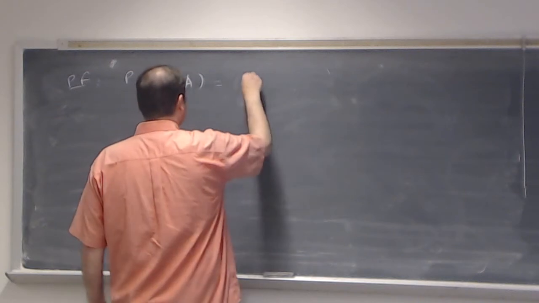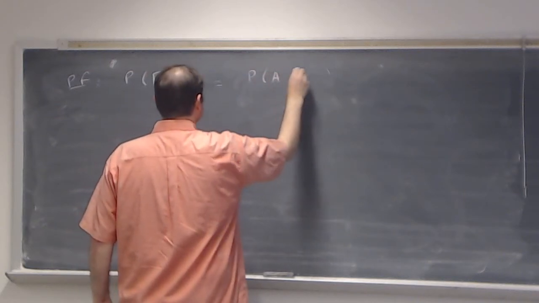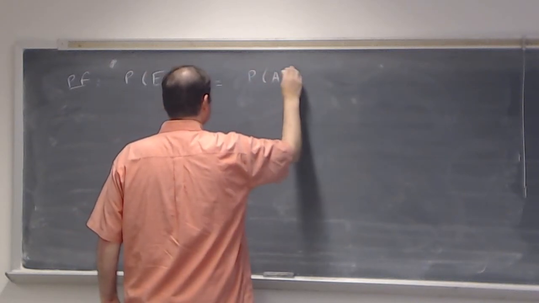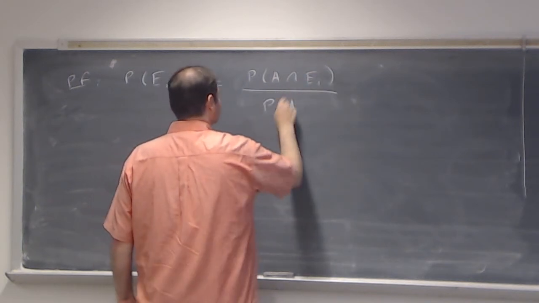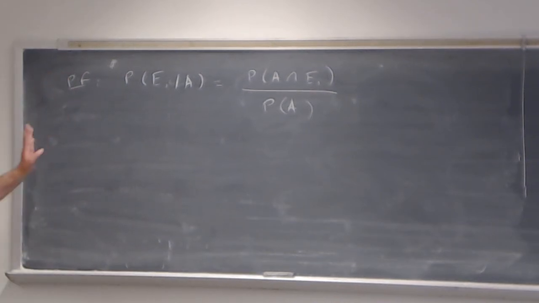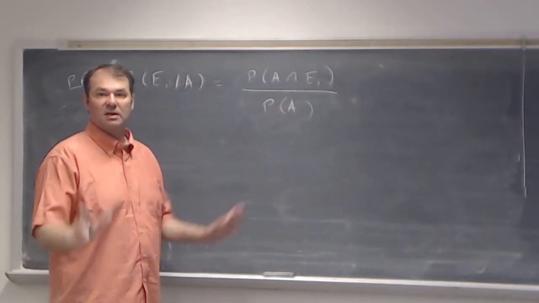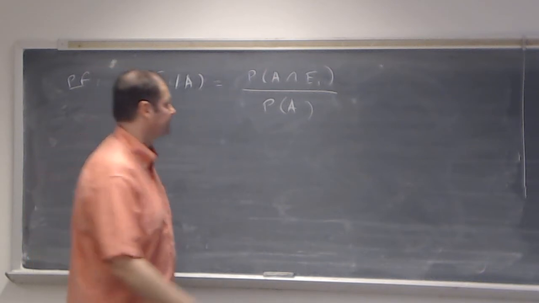Let's say this is the probability of A intersect E1 over the probability of A. Because that's what it is. Yes, I started to say we can do this by Bayes' theorem, the first result, but no. We just write this down based on the definition of conditional probability. Sorry, I got confused.